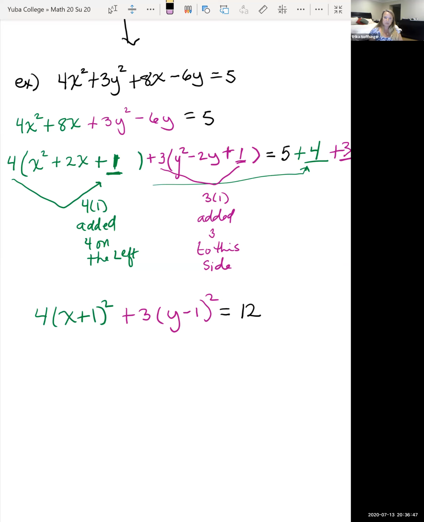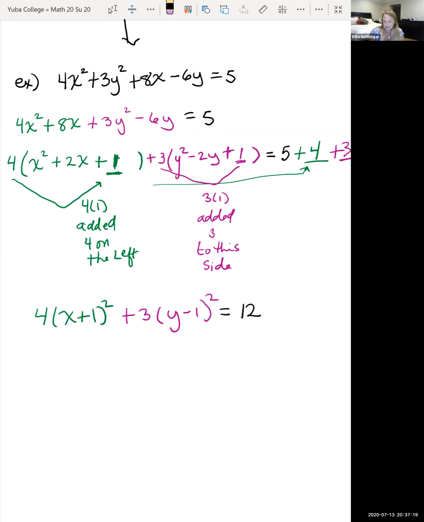So once you complete the square, you're not quite done. Your form for ellipse was always set equal to 1. And so you divide both sides by that number, that constant on the right-hand side or the other side of the equal sign. And usually that coefficient up here simplifies and cancels. If it doesn't, then we have to manipulate it and rewrite it, because the coefficient in front of our quantity squared in the numerator was always 1.